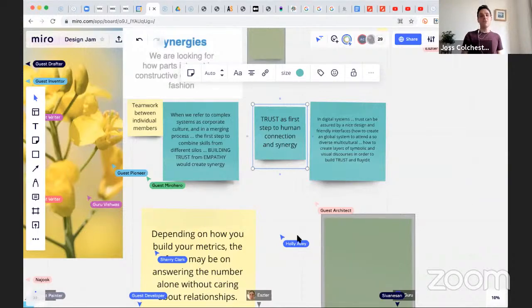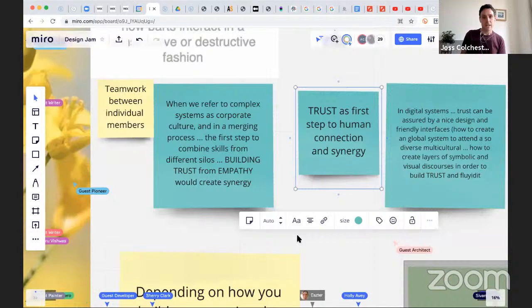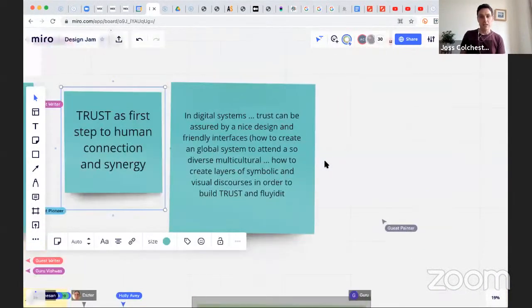When we refer to complex systems as corporate culture and in a merging process, the first step to combine skills from different silos, building trust and empathy, would create synergies. Yep. Okay. In digital systems, trust can be assured by a nice design and friendly interface.